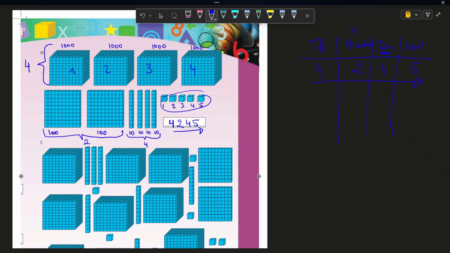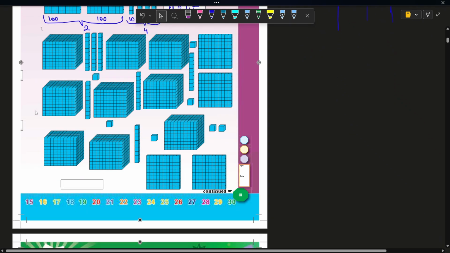Now we can do the same as well. We can now do question 1F. I would like you to have a look. Let me just bring the page down. Can you just have a look, observe, and see how you're going to proceed with it? Well, I can also have my table here.